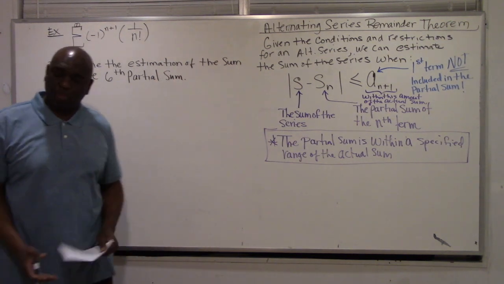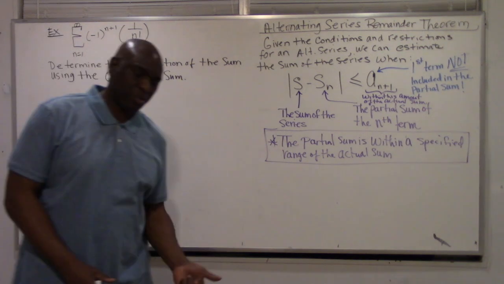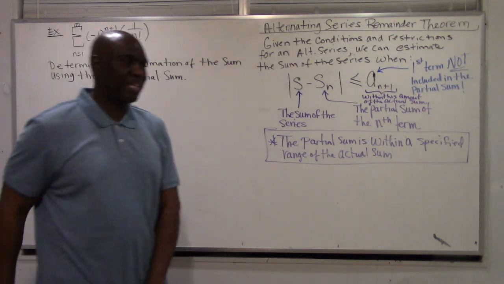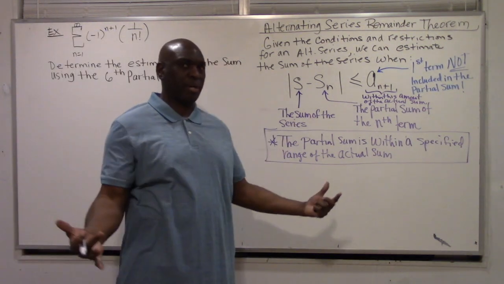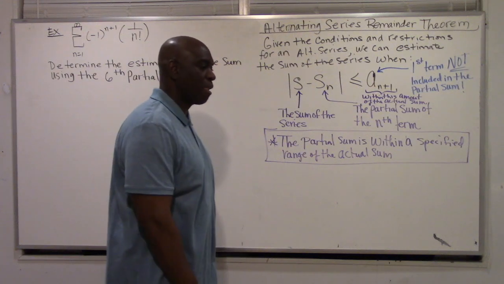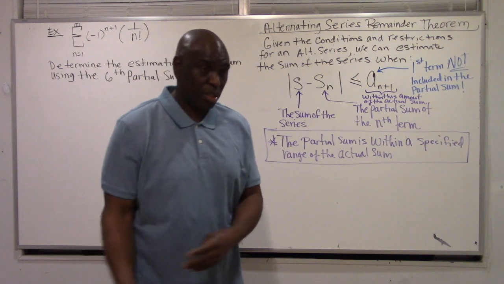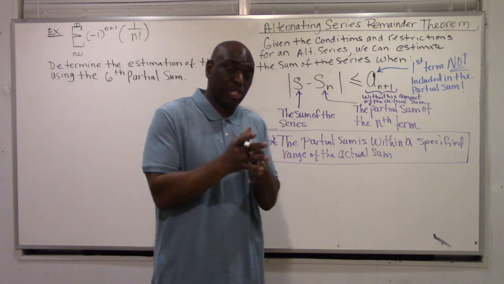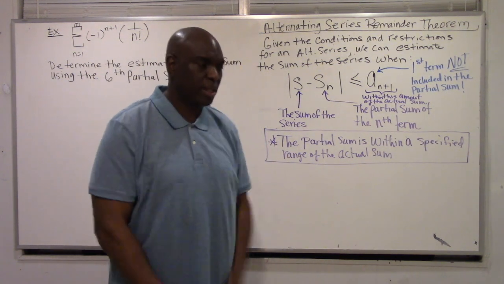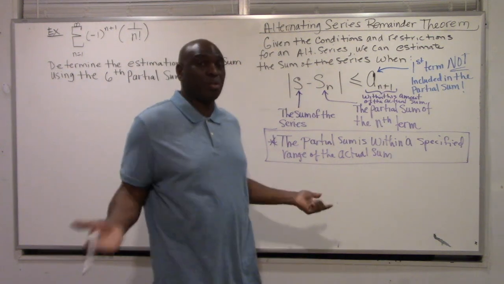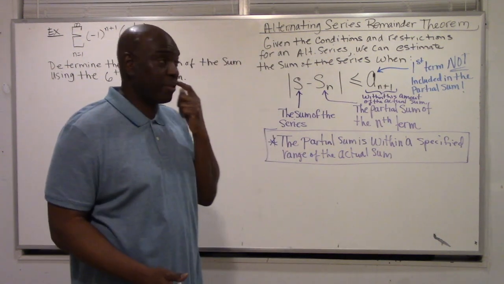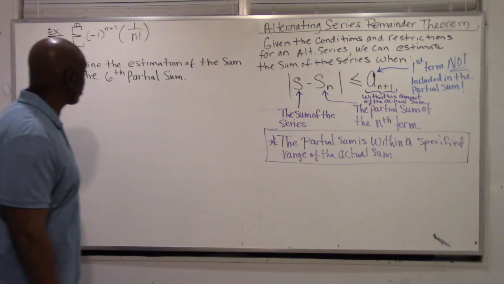You don't have to use the 6th partial sum. You can use the 1st partial sum, the 6th partial sum, the 12th partial sum, it doesn't matter. The more partial sums you use, the closer and better your estimation will be to the actual sum. But you can choose, or whatever the instructions say. I'm going to use the 6th partial sum.